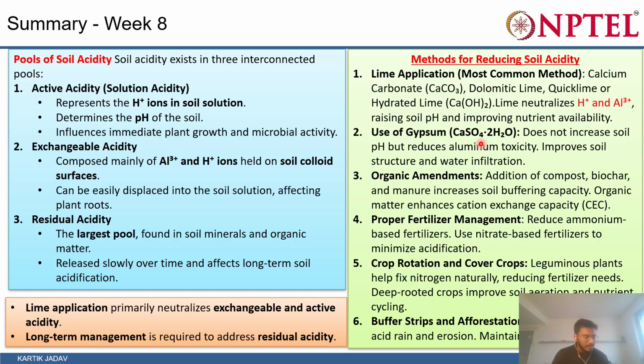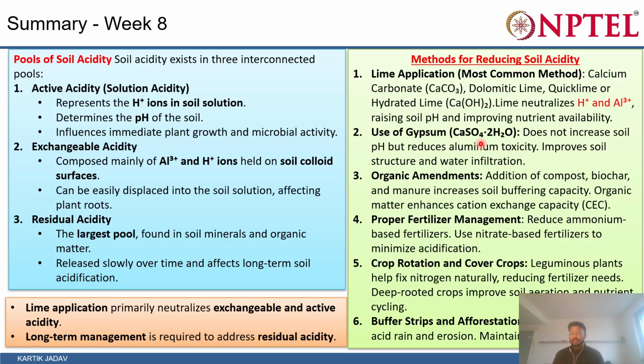Gypsum helps reduce aluminum toxicity and also improves soil structure and water infiltration. But lime is in general the most commonly applied if you want to increase the soil pH.